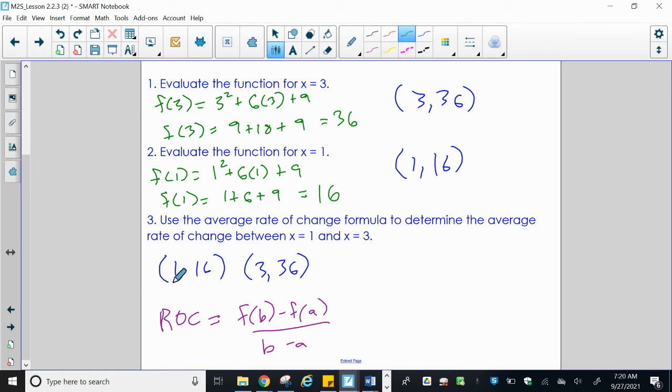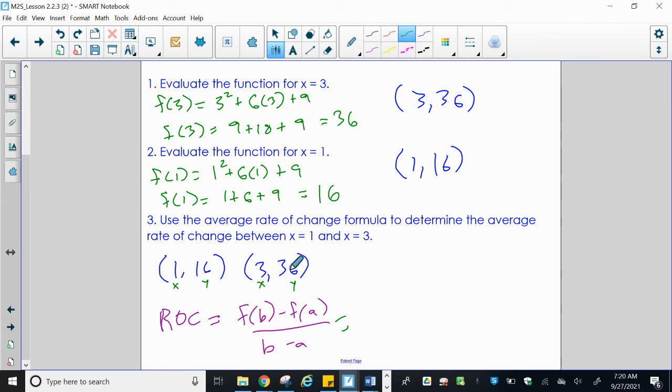So at this point, this is our (x, y) and our (x, y) here. Notice there's no real distinction where we need to use the point (1, 16) first in this formula versus (3, 36) first, just so we stay consistent across the top and the bottom. If we start with one y value here, we need to start with that x value down here.